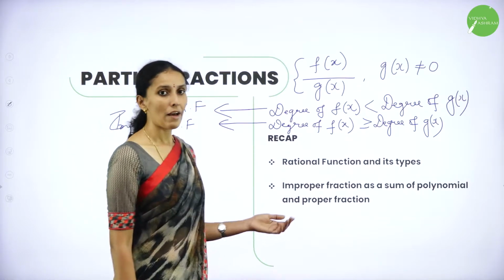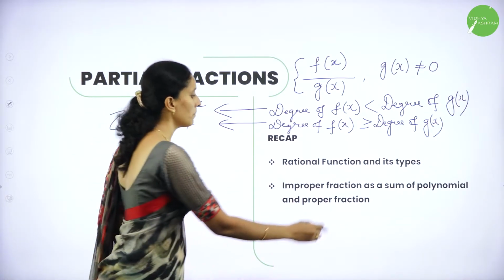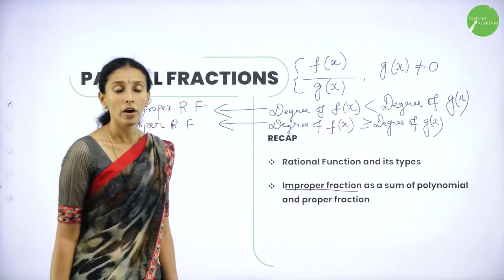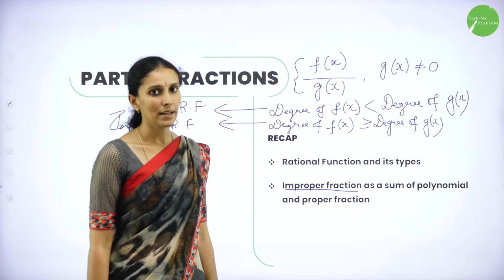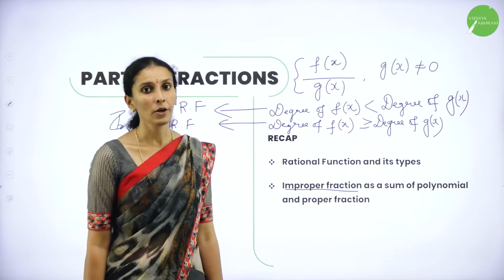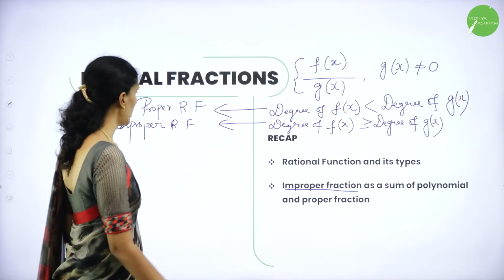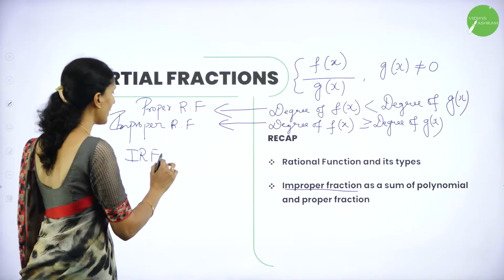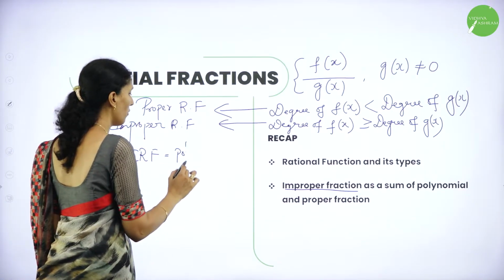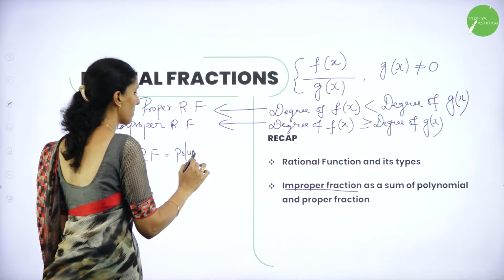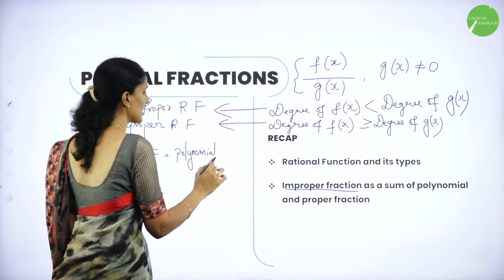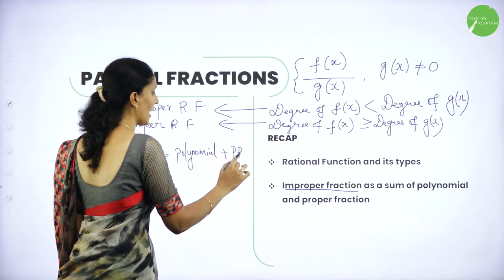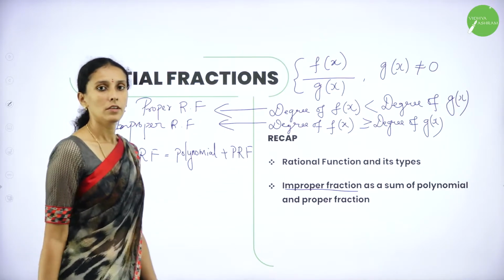Also, we have learned how to write an improper rational fraction as a sum of polynomial and proper rational function. So that is, an improper rational fraction can be expressed as a sum of polynomial plus proper rational fraction.